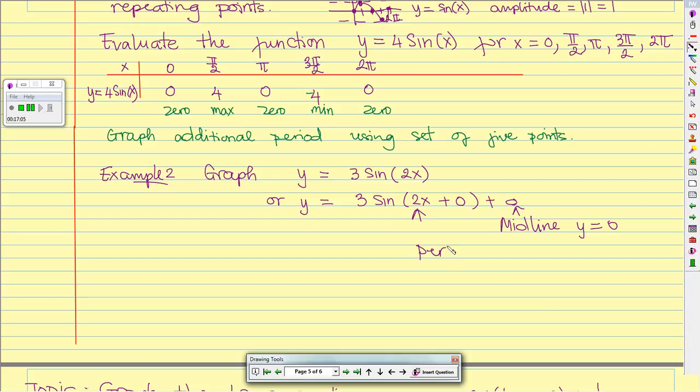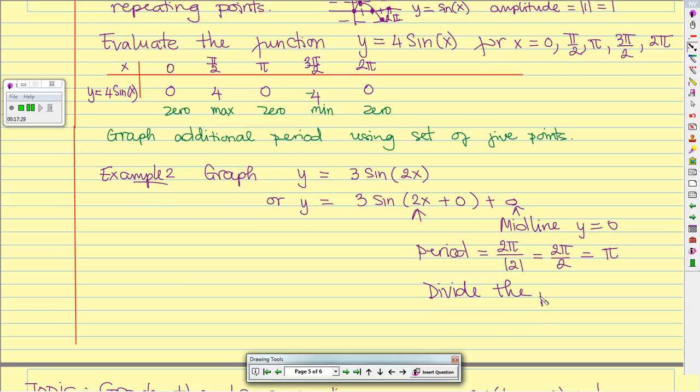Next, you know your B, so you start with the period. It should be 2 pi divided by the absolute value of B, which is the absolute value of 2. So therefore, just 2 pi divided by 2. Simplify, so the period is pi.